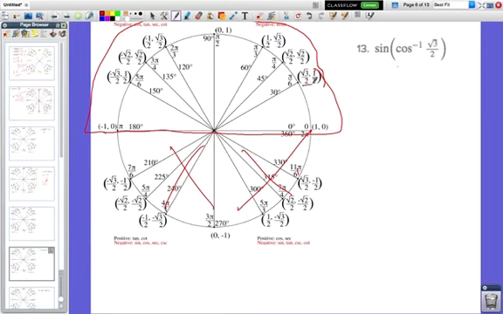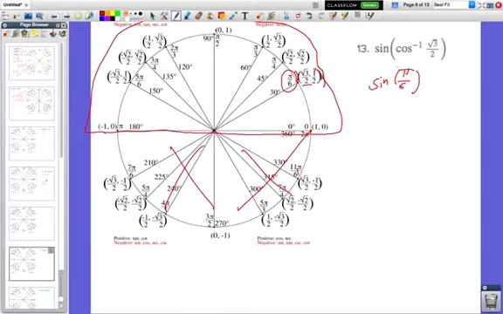Given this side length, we're going to take this angle, and that's going to be pi over 6. So with this, we had the sine of pi over 6. I'm going to take this sine of pi over 6. And remember, sine is the y value.